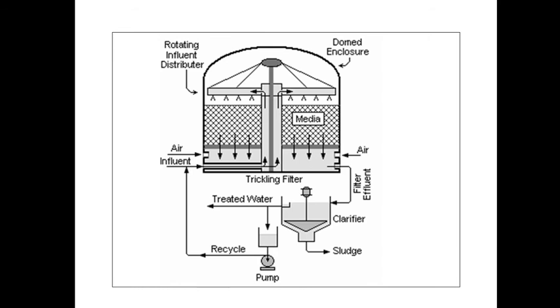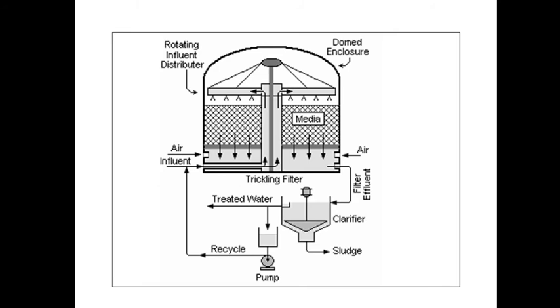Okay, so as we already discussed, the trickling filter consists of the filter medium, a wastewater distribution system, an inlet pipe, and a wastewater collection system. The settled wastewater from the PST, that is the primary settling tank, is sprayed through the nozzles of the distributor. The wastewater sprinkled over the media produces a biological slime that coats the surface.